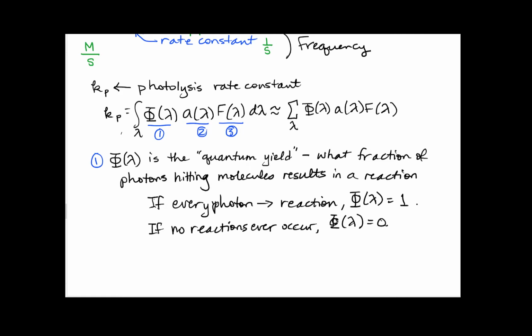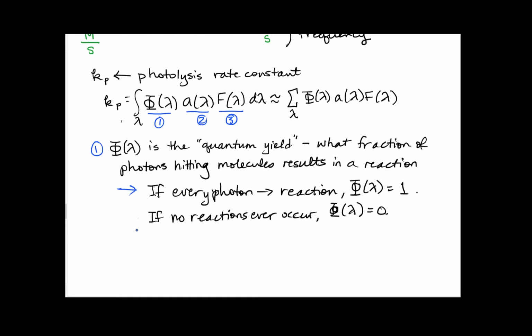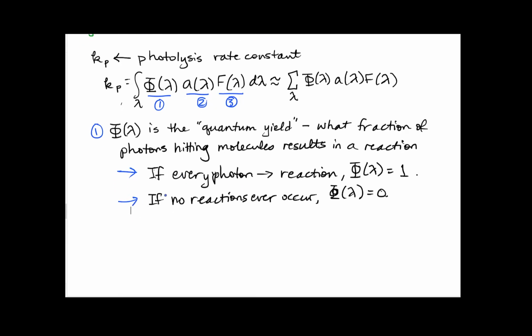And this is our functional range. We have a maximum of each photon produces a reaction in the molecule. This is exceedingly rare. And then we also have a situation where no photon ever causes a reaction, which is often possible. Okay, so our units for the phi of lambda are in molecules per photon.